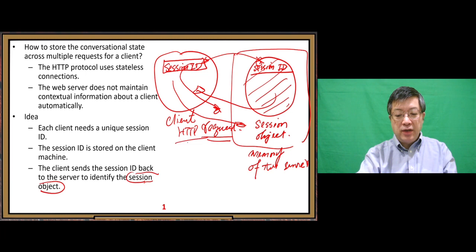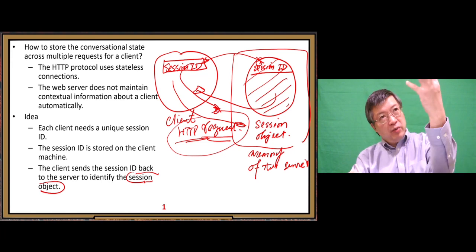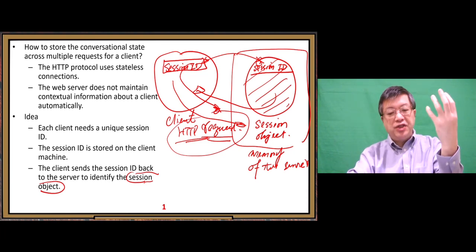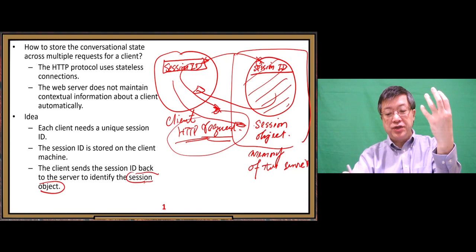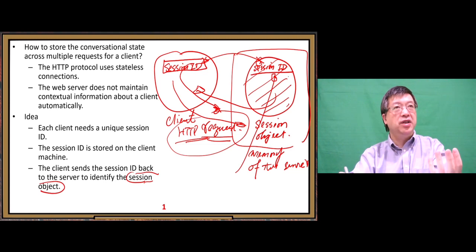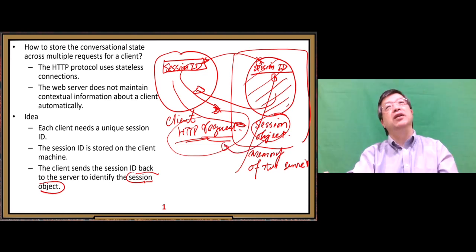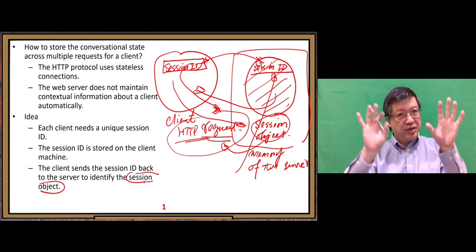So on the server side, you can retrieve that session ID from the request. Then you use it to match: which one corresponds to this particular session ID? So you identify that this session object is the right one for this particular client. That's the logic behind this technology.